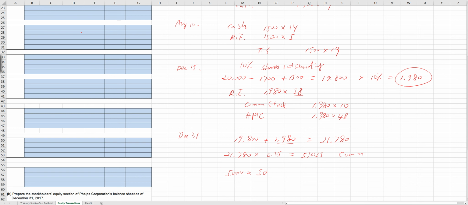And we have 50,000 shares authorized. And how many shares issued and how many shares outstanding. You need to figure out by yourself.